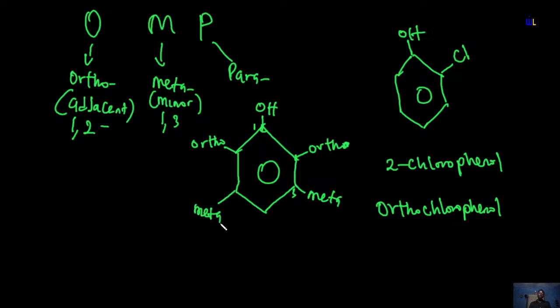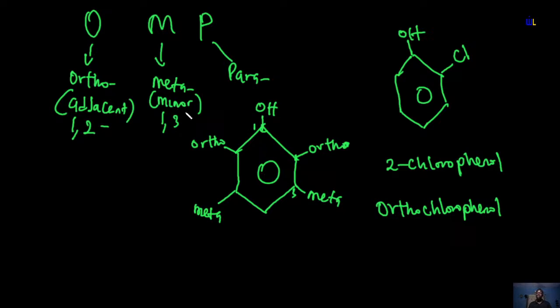This is also meta. So just have that in mind, that when you talk about your arrangements with respect to the other groups using the system, 1, 2 represents ortho. 1, 3, if it is on the third with respect to the main carbon, it is now a meta group.